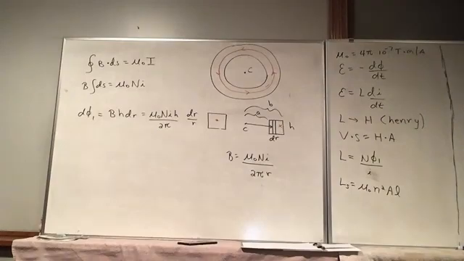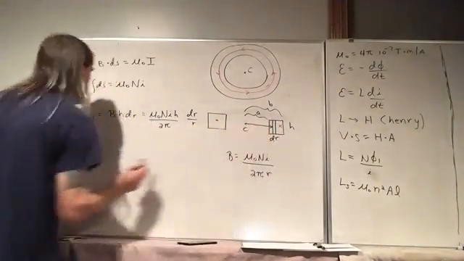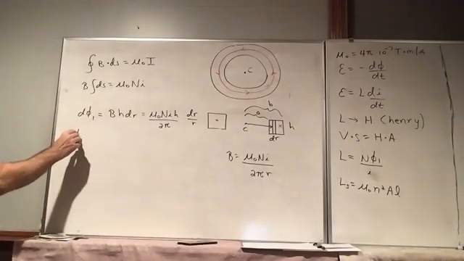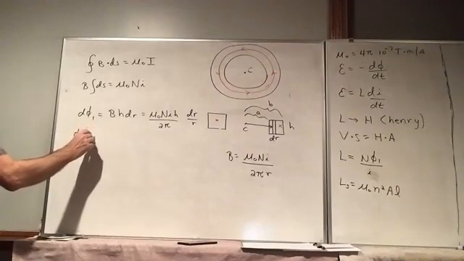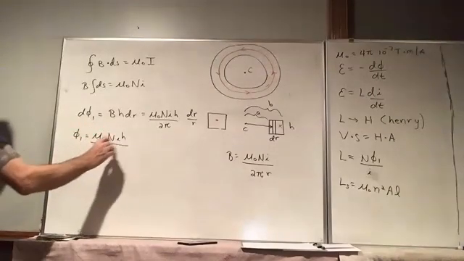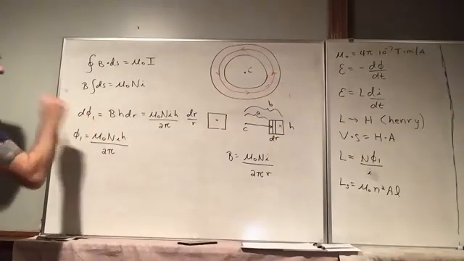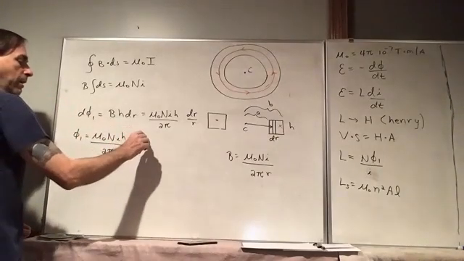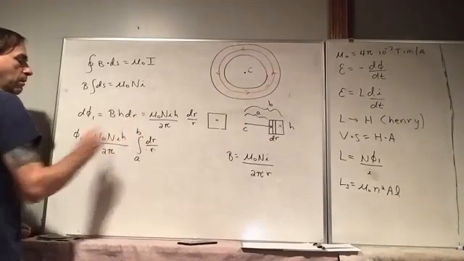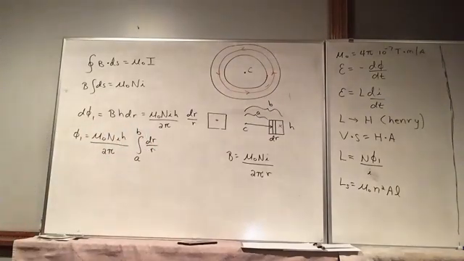So now to find the total flux through this cross section, we just have to integrate over r. So we take our constant out, and then we integrate dr over r from a to b.